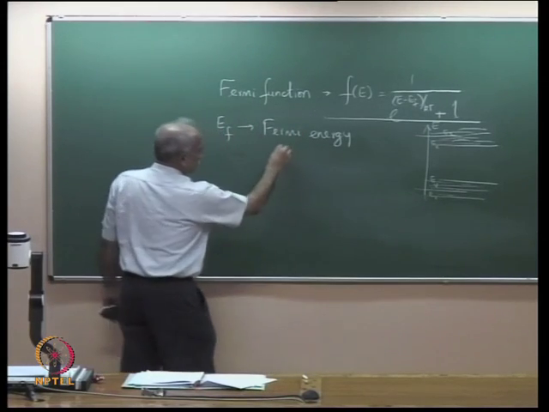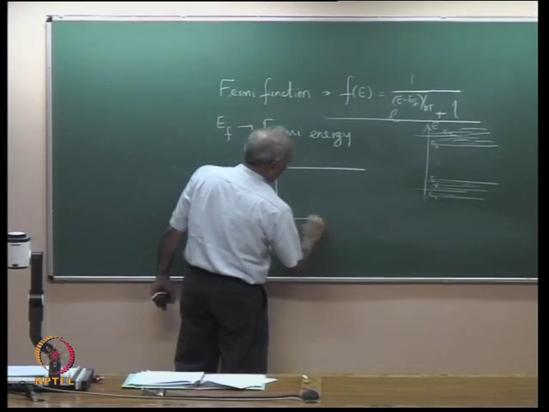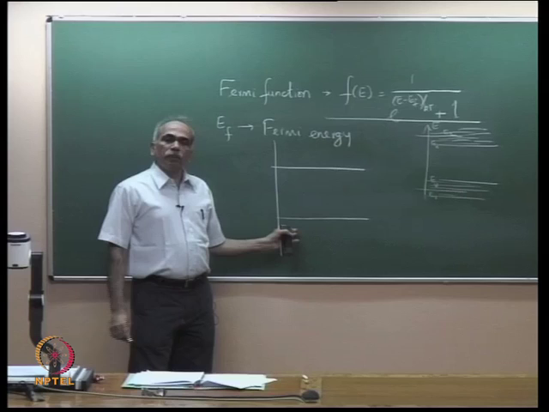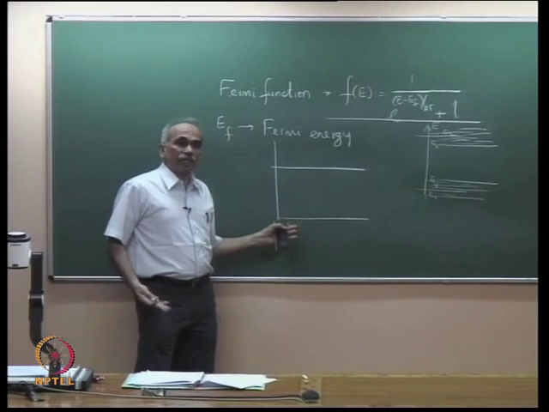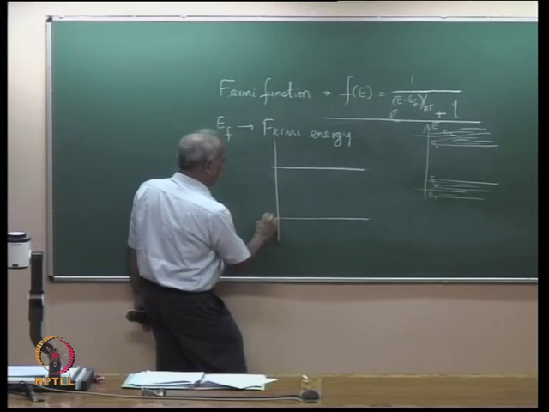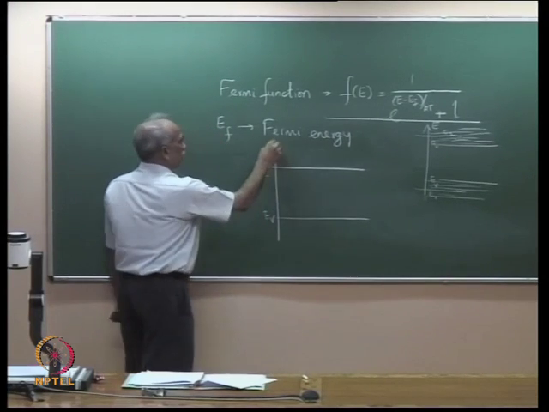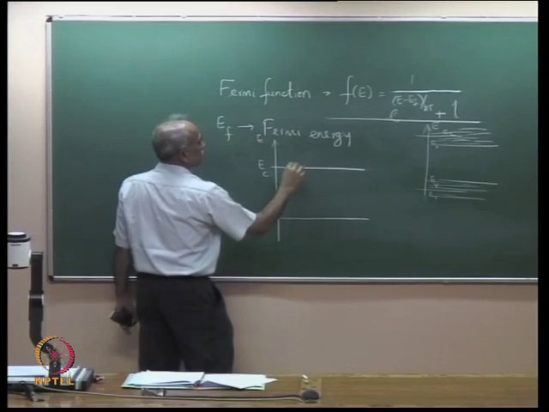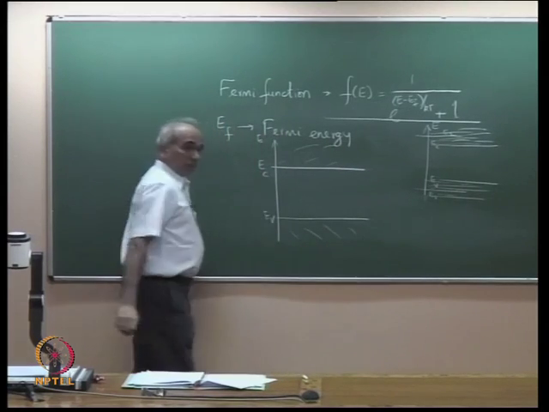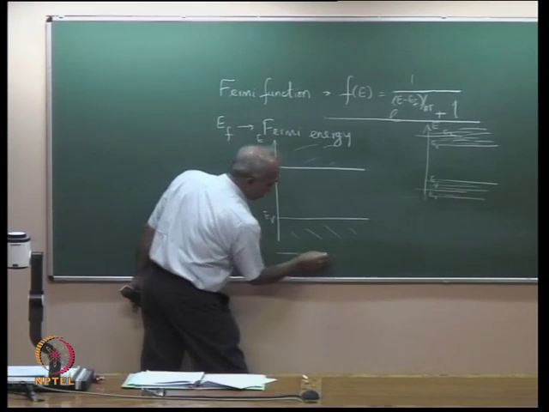So if you want to plot this F of E, as you know, in the valence band the probability of occupation is very high. The valence band is completely full at 0K. So this is EV and this is EC, and here is E. This is the conduction band and this is the valence band. At 0K, I want to plot the probability F of E along this axis.